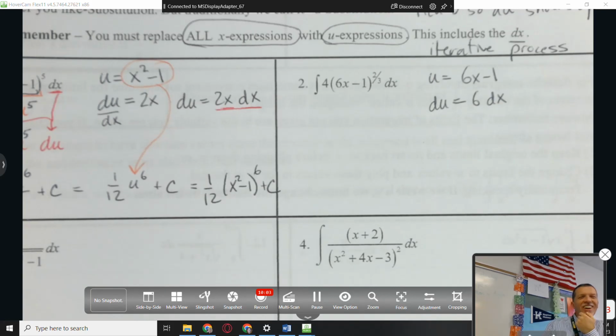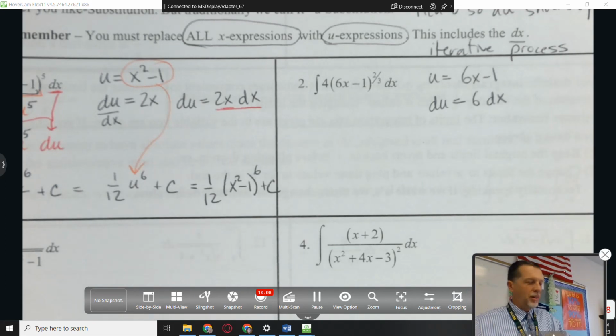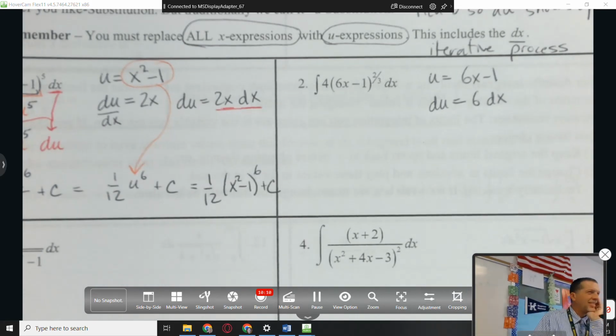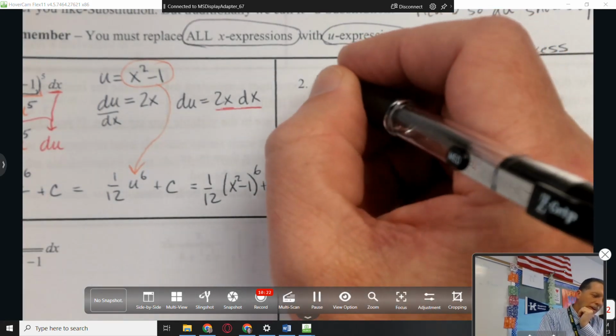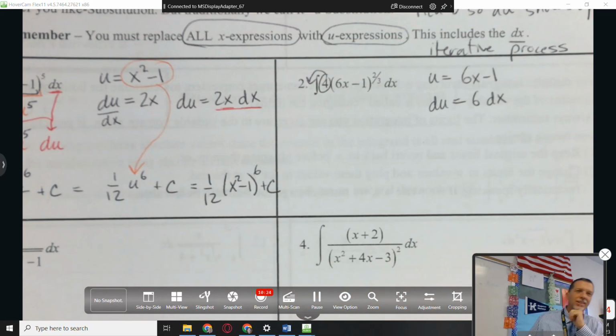Okay, so there's options here. I can multiply by something. 4 times something would get me to 6. Yeah, it is 3 halves, but I don't want to touch that. Is there a better way? There's even a better way. How about I just get rid of the 4, put the 4 out front. Smart. Done with it.